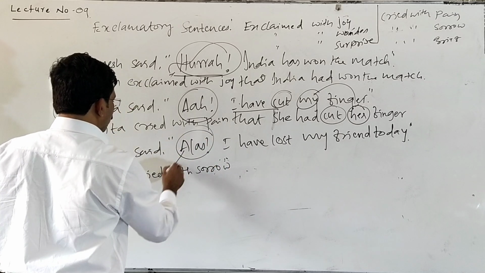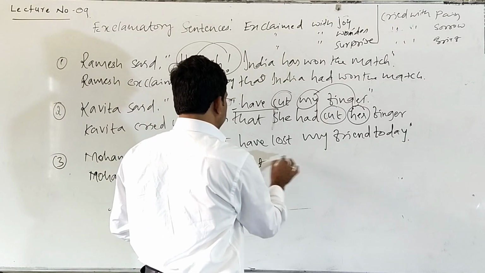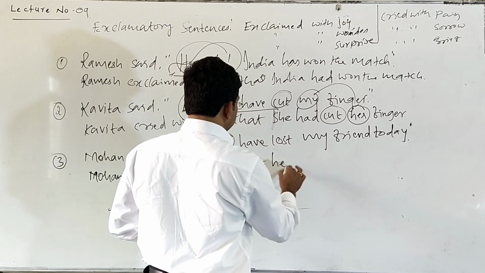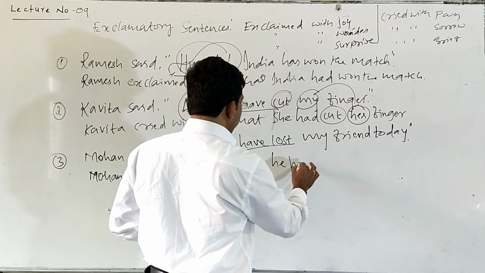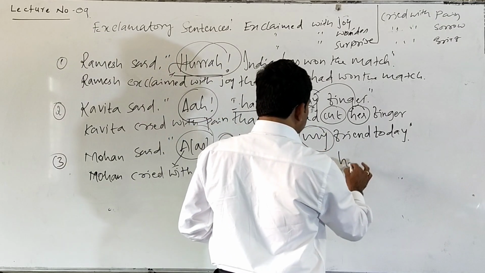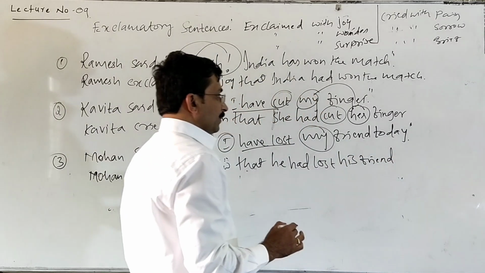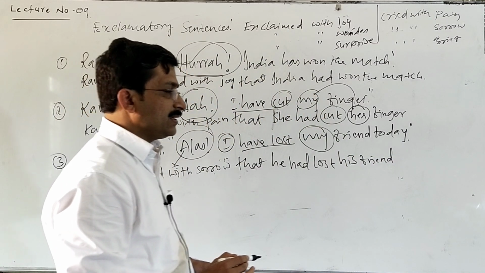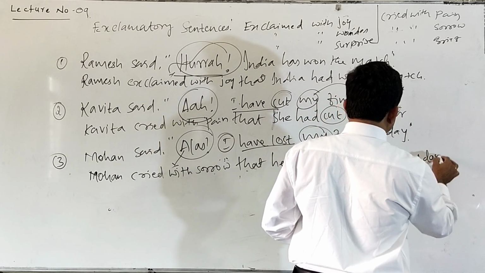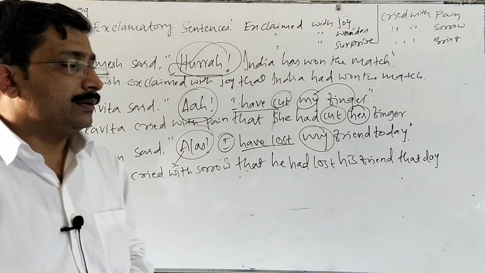There is sorrow, so cried with sorrow, that we have to use. Here I means who? Mohan. He. Present perfect is changed into past perfect: he had lost. My changed into his friend. Today means that day.